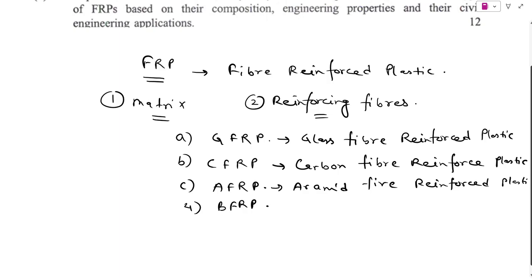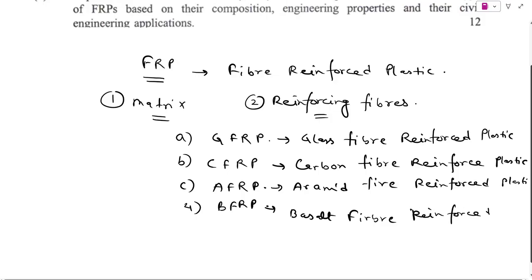Now the BFRP. BFRP is basalt fiber reinforced plastic. The fiber used here is basalt fibers.